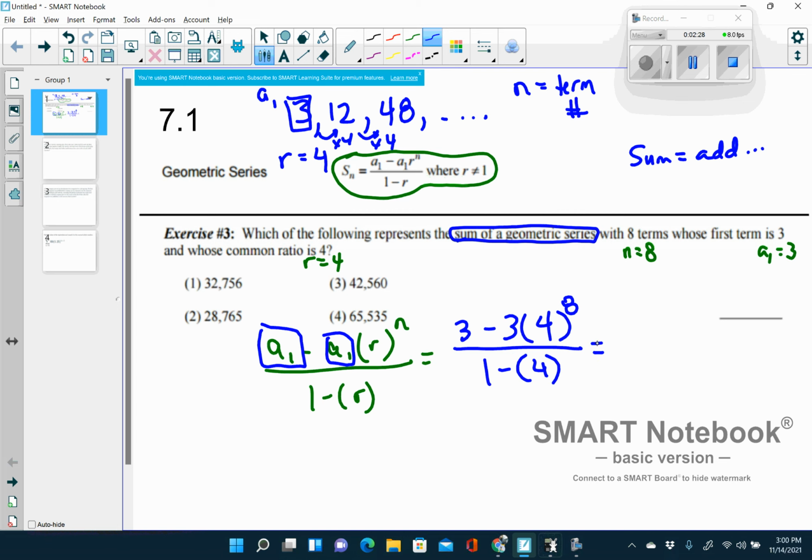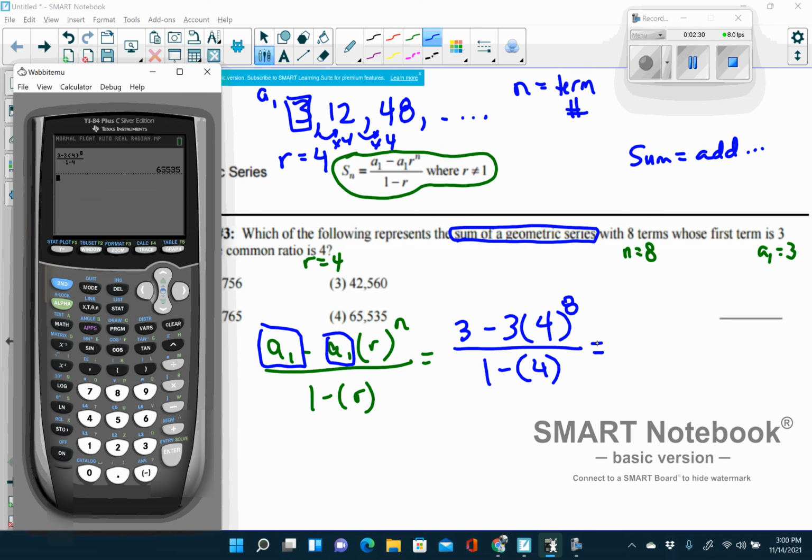You take literally that. This is my calculator. I'm going to show you just real quick how to put fractions in the calculator again. So it's alpha and y equals, and you get this little menu. Option number 1 is a fraction bar. So you do 3 minus 3, parentheses, 4, close parentheses, to the, which is this little mountain thing.